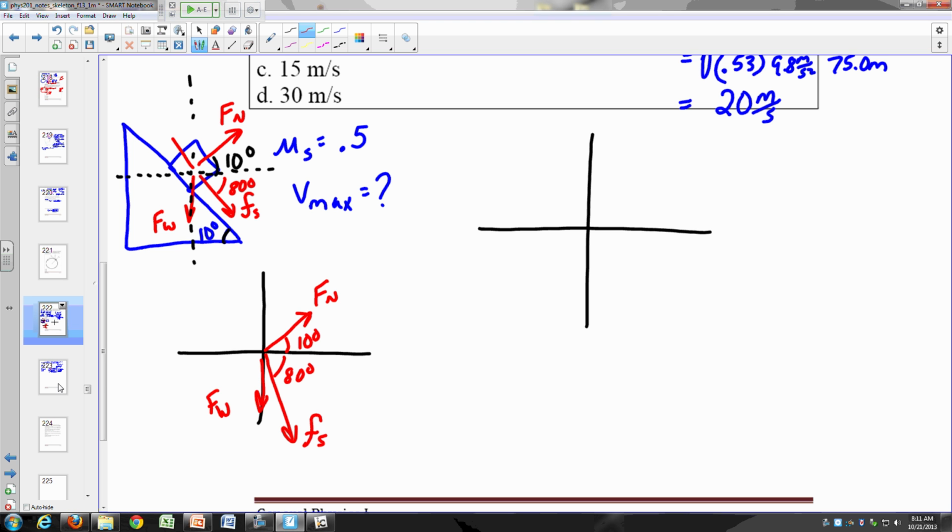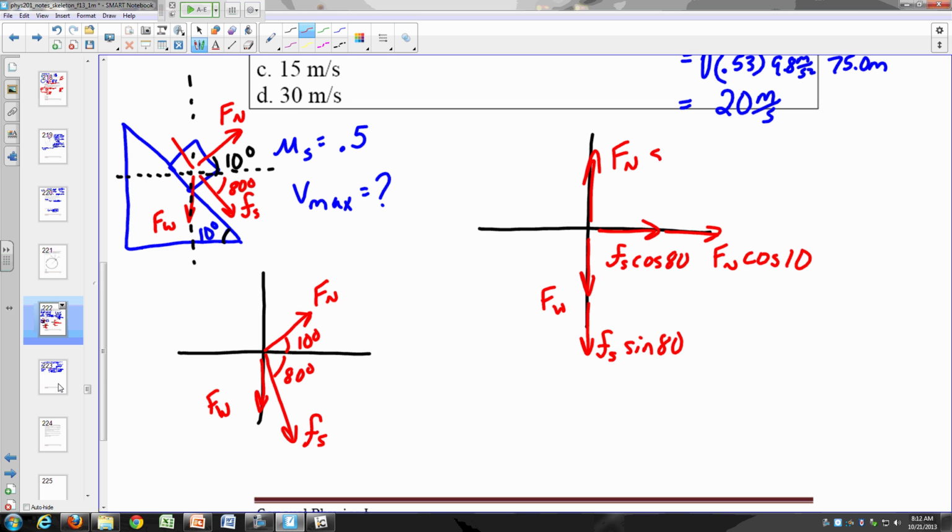So I'm going to redraw this, but drawing the components of the forces. So I have Fw, then I have Fs sine of 80, Fs cosine of 80, Fn cosine of 10, and then I have Fn sine of 10.